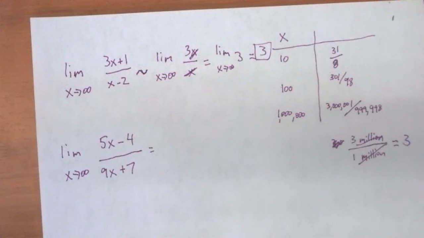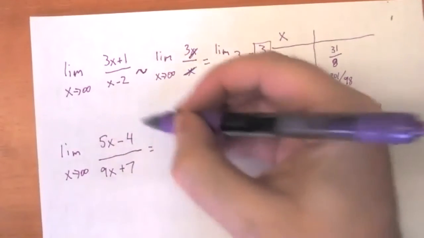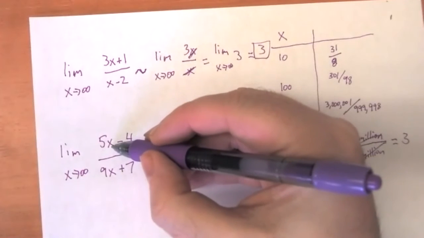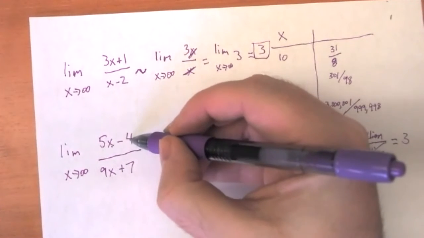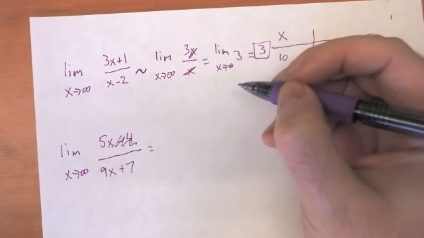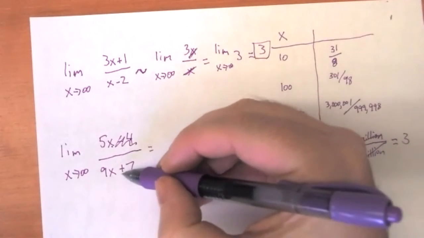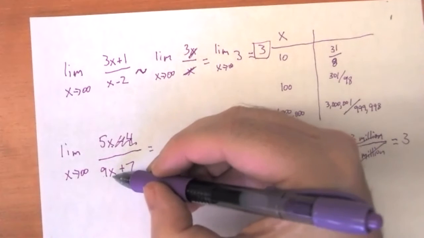I'm going to do it without even using the table this time, because I'm going to use the same thought that we did before: as x gets bigger and bigger, this -4 becomes more and more insignificant, so I can forget about it. Again, this +7 is going to be more and more insignificant as x gets bigger and bigger.